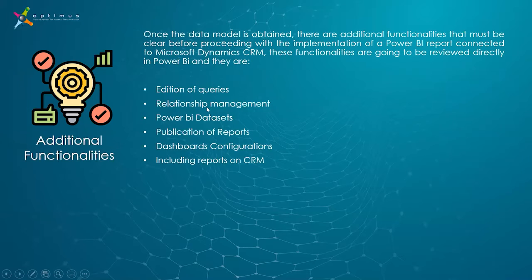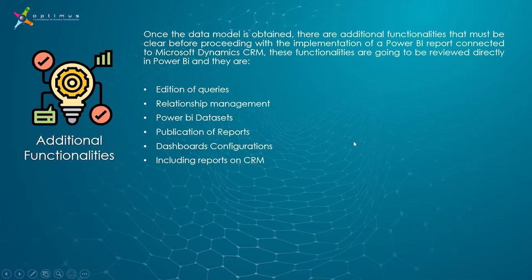So the first thing is the edition of queries. That's something important. After that, we are going to be covering the relationships and the Power BI datasets, the publication process, the dashboard configuration, and how to include the reports in CRM. That's the main group of topics that we are going to be covering.